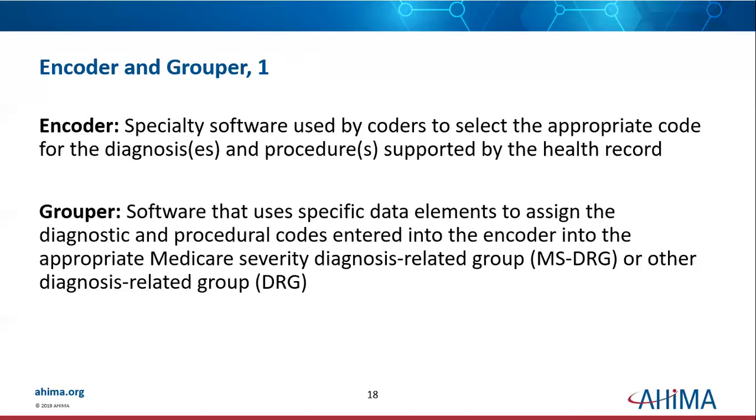The technology is present, but we need that analytical ability of the trained coder to make the final decision in terms of what the appropriate code is. The grouper is the software that uses specific data elements to assign the diagnostic and procedural codes entered into the encoder, the appropriate Medicare severity diagnosis related group code, MSDRG, or other DRG.